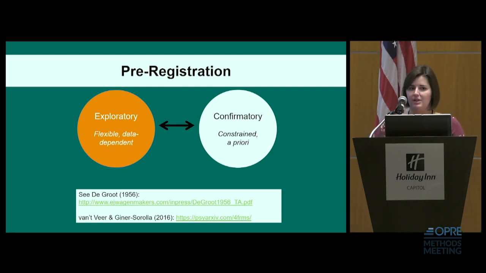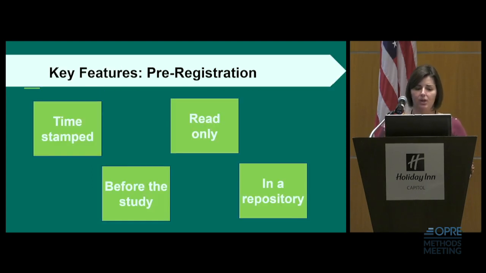But as we saw in Samin's talk, it is very important for the rigor of our conclusions that we adhere to this process, and that we know when a decision has been made relative to when the data were collected. So, some key features of pre-registration: it's time-stamped, so we know that it happens prior to the study's beginning.